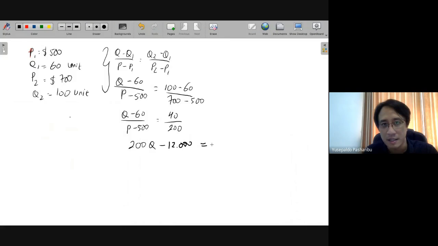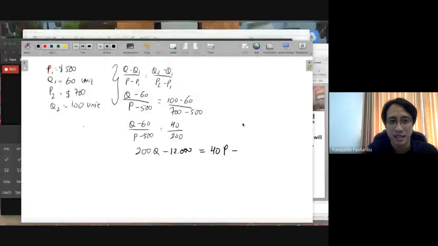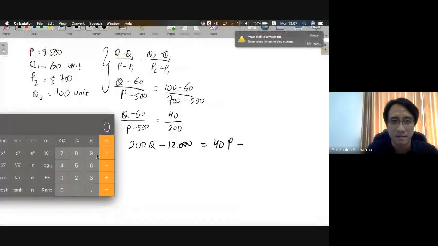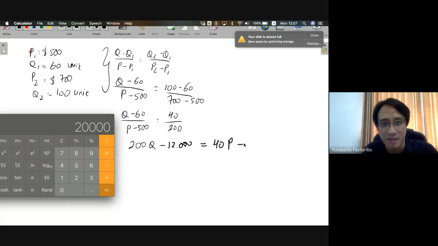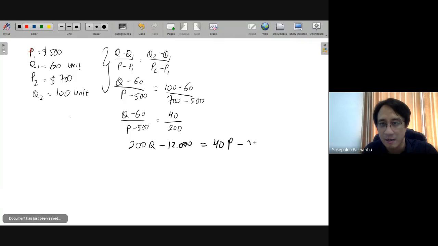So 12,000 equals 40 P minus 20,000. 40 times 500 is 20,000. Be careful with the sign, so it is minus 500 times 40, which is minus 20,000.